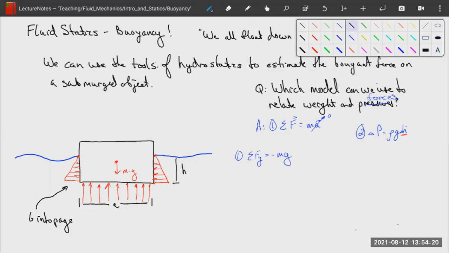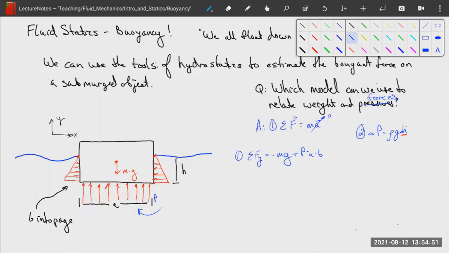We needed to add in a coordinate system. X and y, there we go. So we have negative mg, and then we also have the pressure here on the bottom, which is going to be equal to plus pressure P times our area, which is A times B, which is our distance into the page, right? B is our distance into the page.